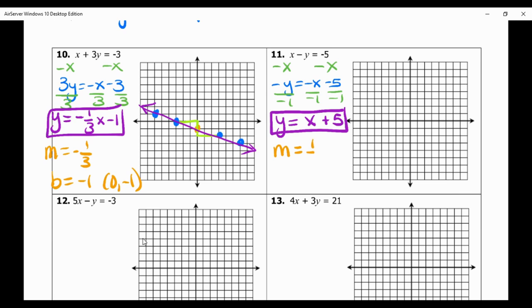Making the slope of the line 1/1, and the y-intercept is at positive 5, which is the point 0, 5. So that's the point where we're going to start on the y-intercept. From there, use the slope of 1/1 to create additional points with a positive slope. From the y-intercept, we can also move down 1 to the left 1.